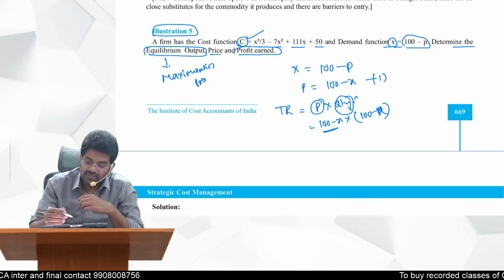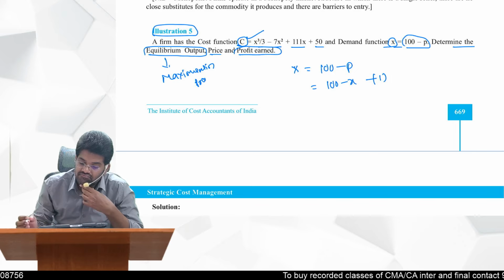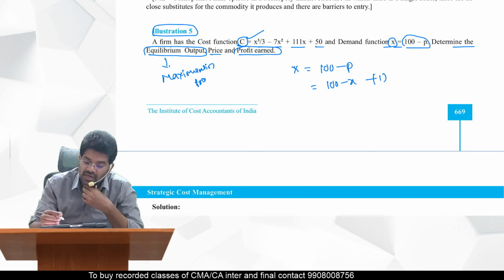Then do one thing, what is the price here from this? This is quantity, no?